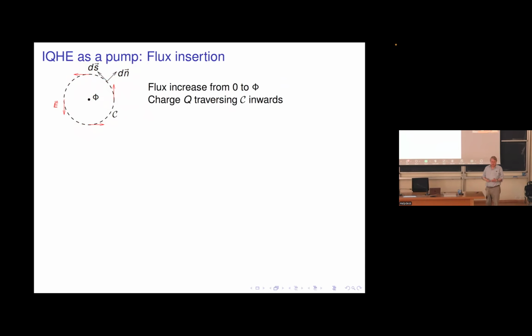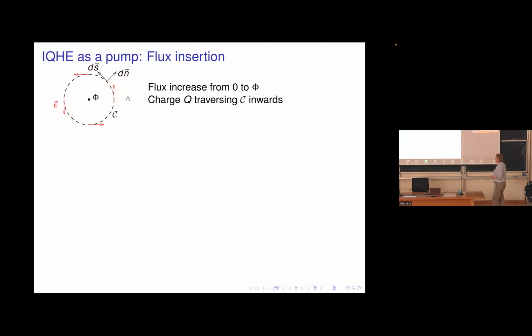Then Faraday, remember Faraday's law of electrodynamics, tells you that there is an electromotive force around that flux. So there is an electric field which at every point of the circle points in the direction of the tangential vector ds, or maybe the opposite, anyway, like this.